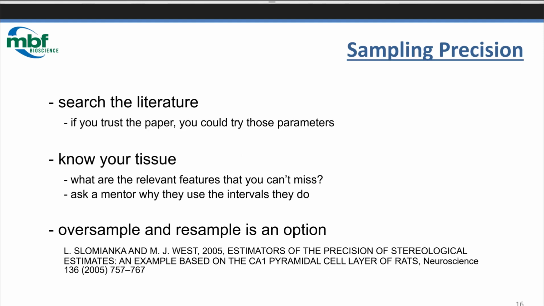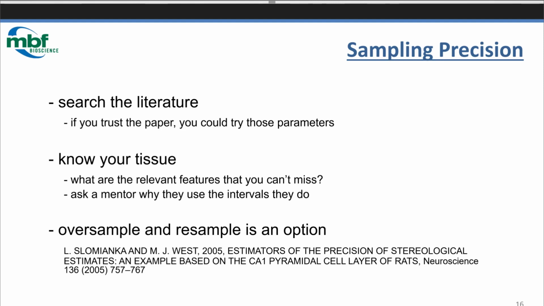Start in the literature. If it's like the hippocampus, you're going to find papers about it. For instance, if you are studying newly born cells in the dentate gyrus, I would point you towards Dan Peterson's papers, who uses the optical fractionator to do that and writes down his parameters and why he's using them.